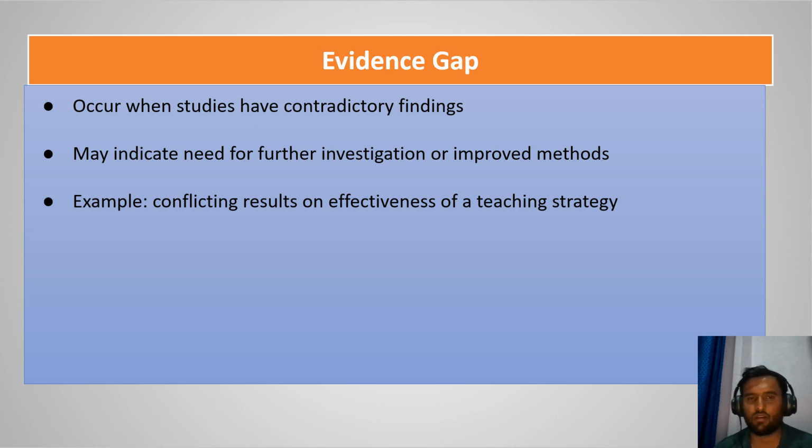It suggests we need further investigation or improved method, so that we can overcome the contradictory finding, or we can overcome the skewness of that finding. For example, conflicting results of effectiveness of teaching strategy. This is one example we can take.